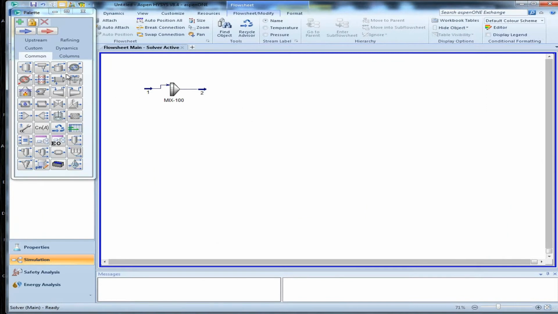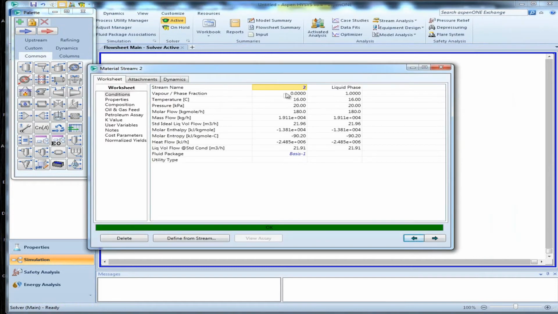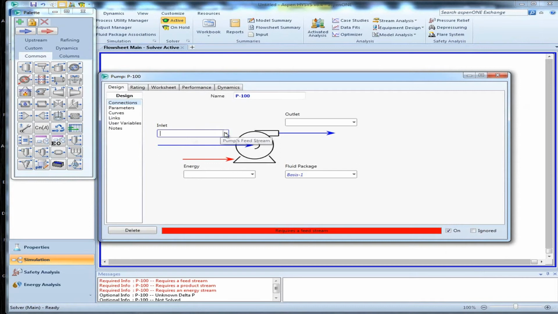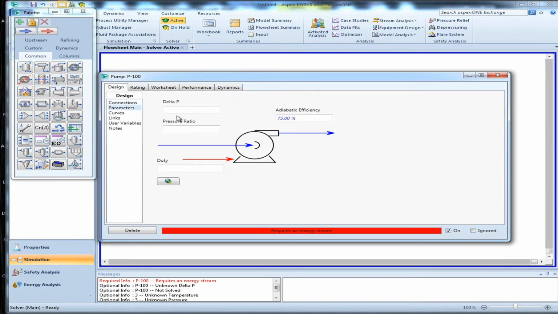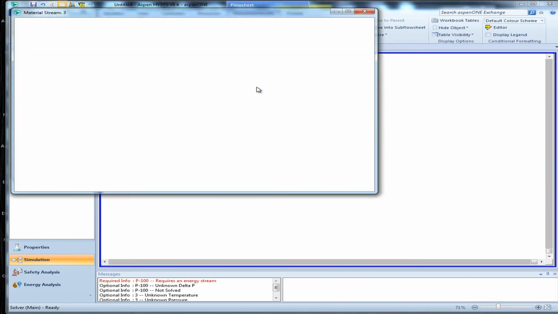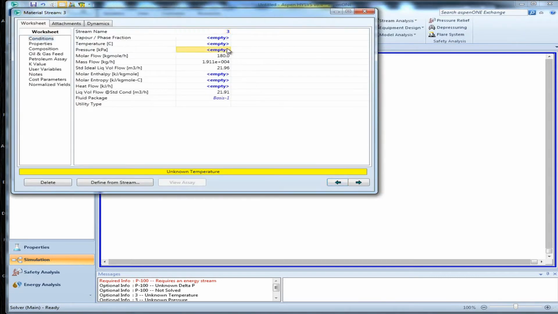So what I do, let's check. This is the liquid phase. Ethylbenzene is liquid, so what we need is to add a pump. This is to boost up the pressure to 200.